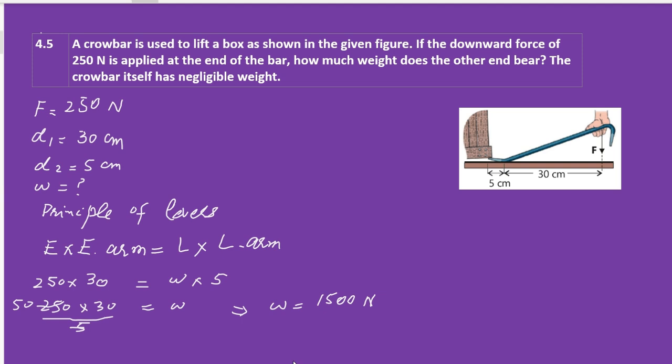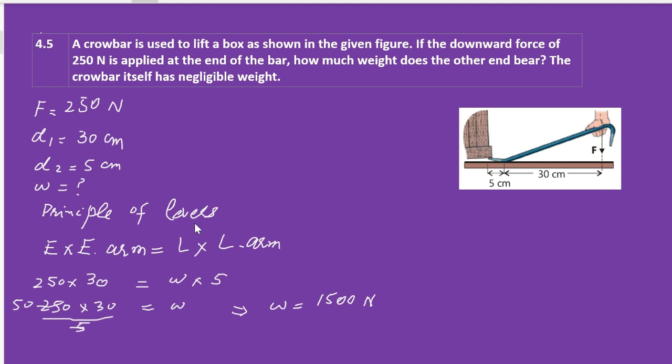I repeat this question once again for the revision. Force which is acting downward is 250 Newton, and its distance from the fulcrum, if I represent it by d1, is 30 centimeter, and the second distance from the fulcrum to the other side, which is the load, is 5 centimeter, and the weight which can be lifted is to be calculated.